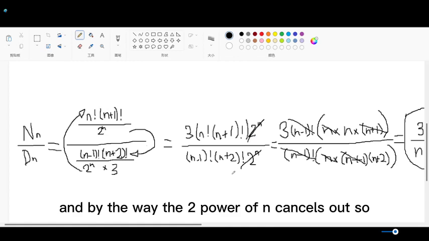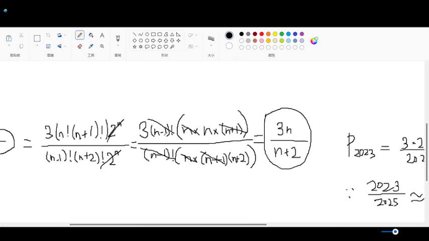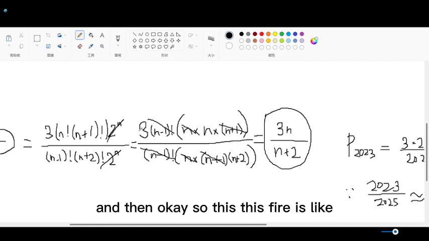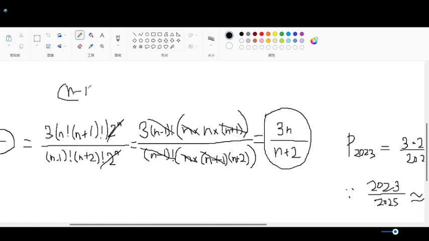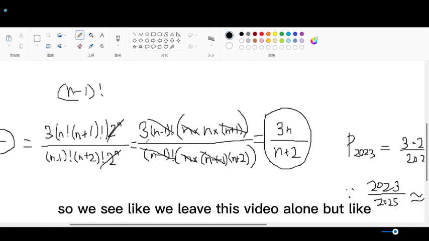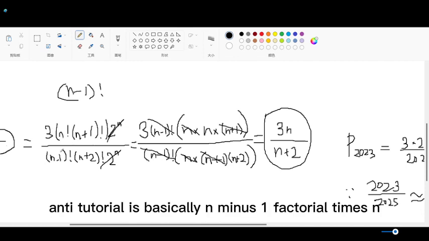And by the way, the 2 to the power of n cancels out. Then, if we take n minus 1 factorial out of both terms, what do we get? We leave the 3 alone, but you see here, n factorial is basically n minus 1 factorial times n, right?